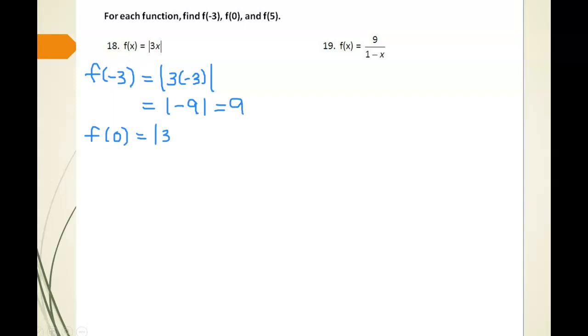F of 0, well, 3 times 0 is 0. Absolute value of 0 is 0. F of 5, 3 times 5 is 15. Absolute value of 15 is 15.